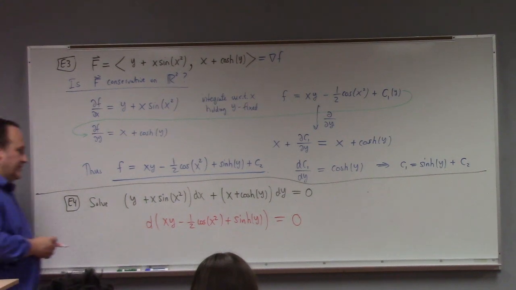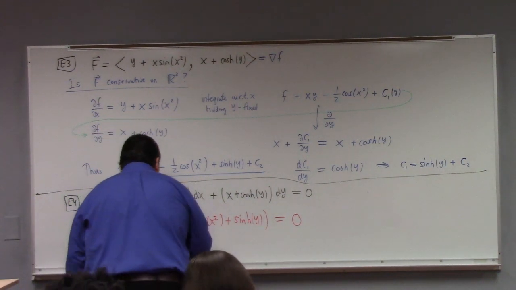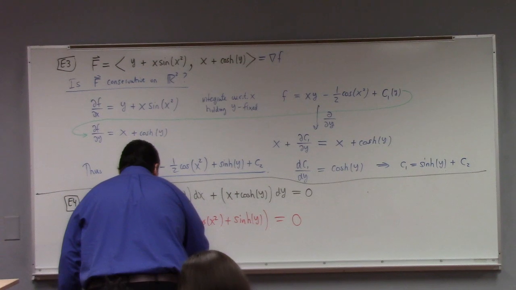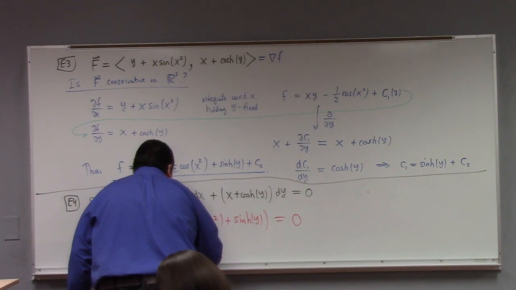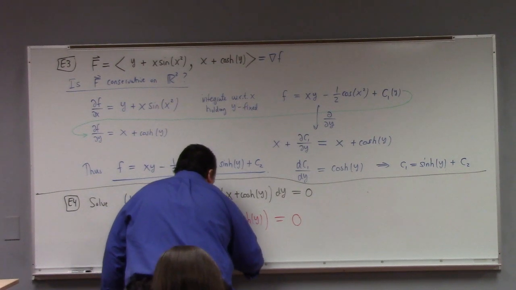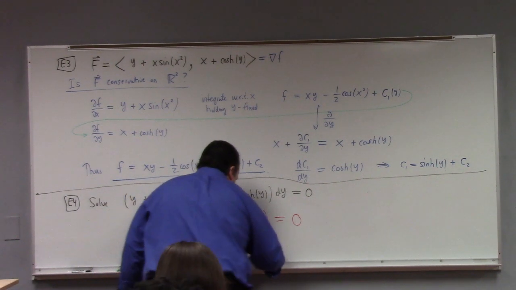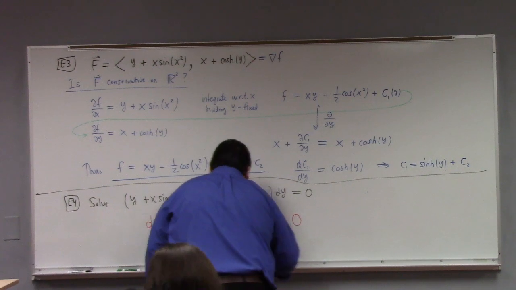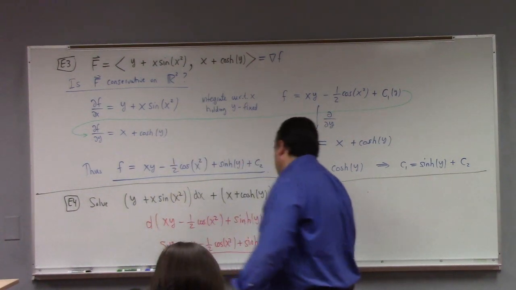I can state that more clearly, but the solution here is just xy minus 1/2 cosine of x squared plus the hyperbolic sine of y equals a constant. There you go. Them's your solutions, done.